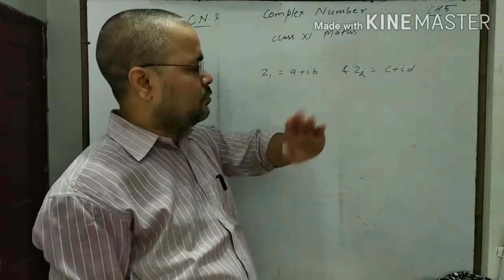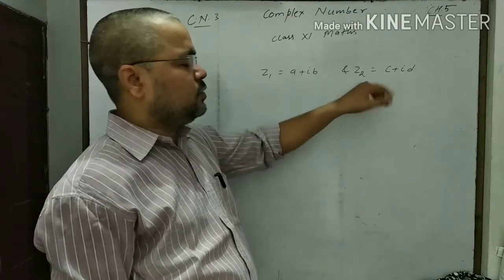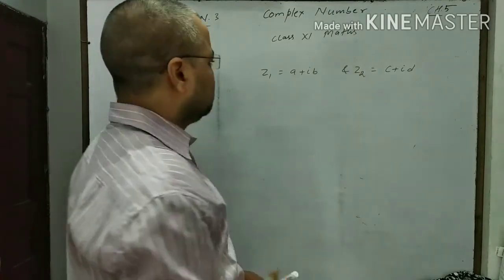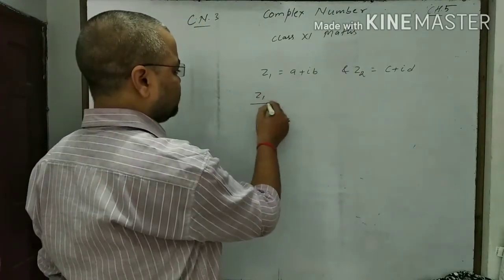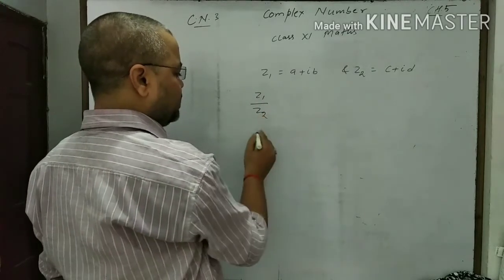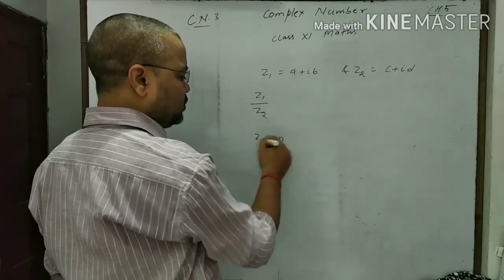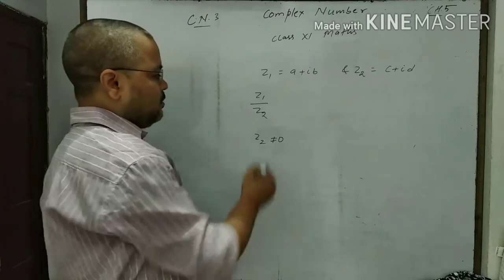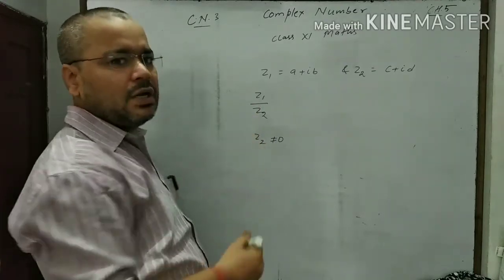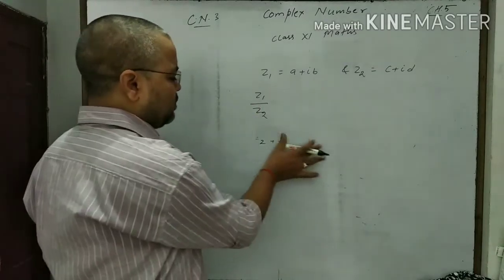If we want to put z2 in the form of denominator, then z2 should not be equal to 0. You know why? Because if z2 is 0, it will be not defined, therefore it should not be 0.